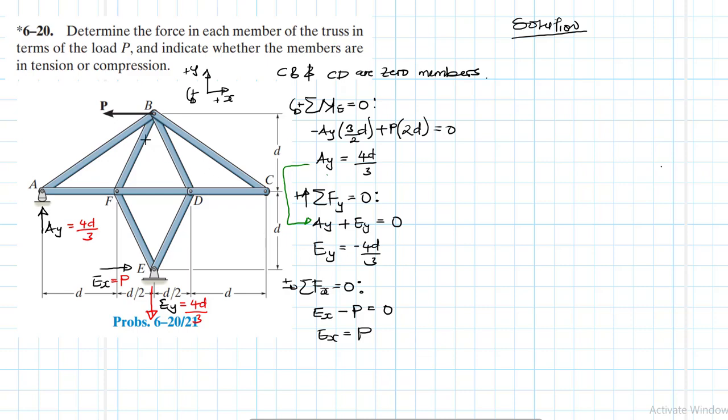So once we've calculated this, we can go ahead now to calculate the member forces. We'll start with joint A. You can start with any joint, it's up to you, it doesn't matter. At joint A, we have a reaction force, which is 4P divided by 3.